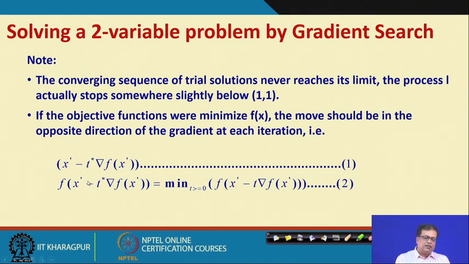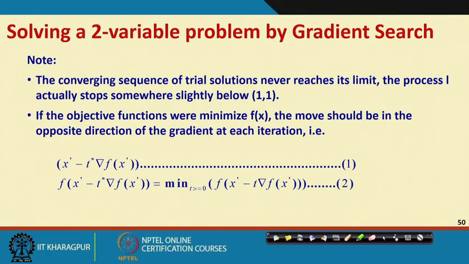So, instead of plus it should be minus, and instead of maximizing it should be minimizing. This is how, without computing the Hessian matrix and eigenvalues, if we cannot do that, from the gradient value itself we can do a gradient search.